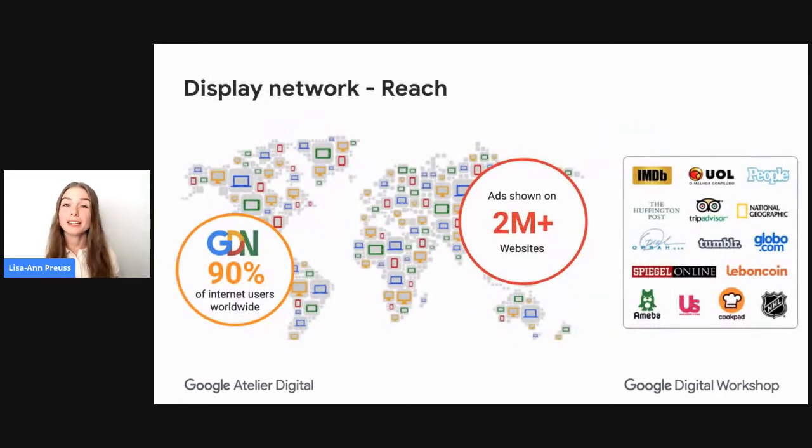Now, the beauty of the Google Display Network is its reach. It's got a huge reach, and in fact, worldwide, allows us to reach about 90% of internet users. In other words, there are over 2 million websites your ads could be displayed on if you choose the Google Display Network.